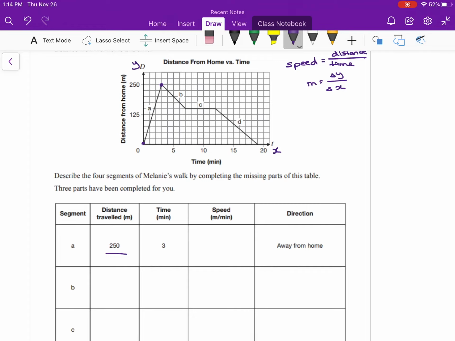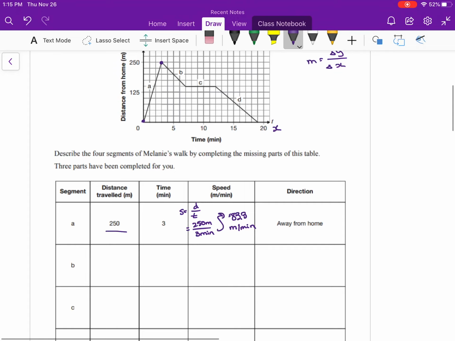So the speed, which is distance over time, here to find speed, we're taking the distance of 250 meters and dividing it by 3 minutes, which gives us, if we do 250 divided by 3, 83.3 meters per minute. And the direction is away from home, because if 0 is her home, then she's getting farther away.